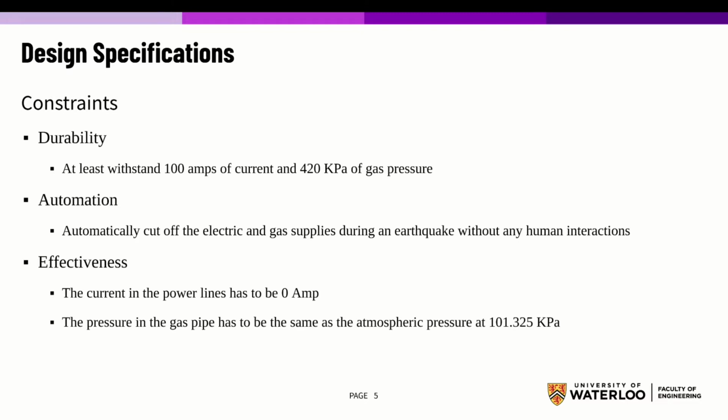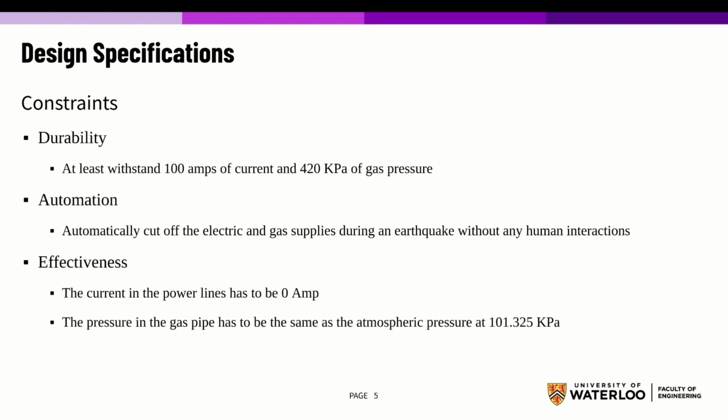Finally, after the system has been triggered and cuts off the electricity and the gas, there must not be any leak in both lines. Therefore, the last constraint of the system is that after cutting off the electricity and gas, the current in the power line has to be 0 amps, and the pressure in the gas pipeline also has to be the same as the atmospheric pressure at 101.325 kPa.